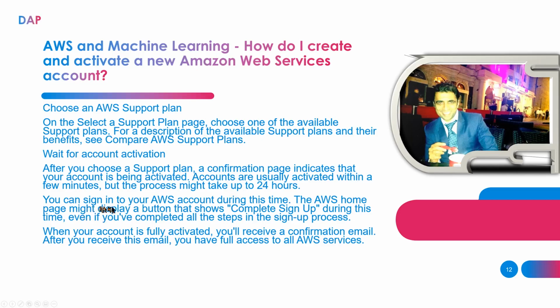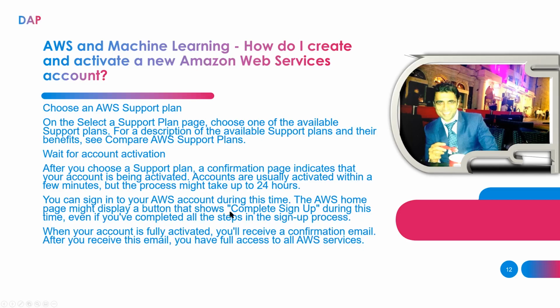You can sign into your AWS account during this time. The Amazon Web Services homepage might display a button that shows complete sign up during this time, even if you have completed all steps in the process. So many people have come to me saying that we have done all that, but it's still showing sign up. So don't worry about that.